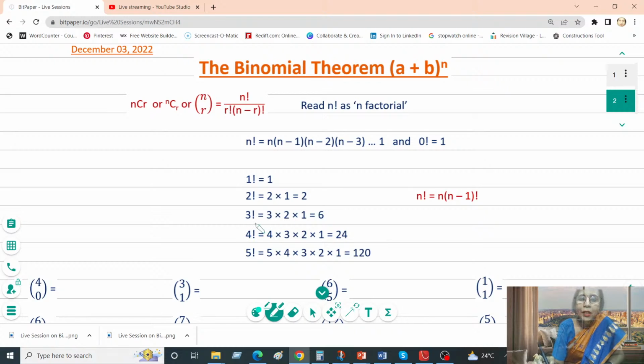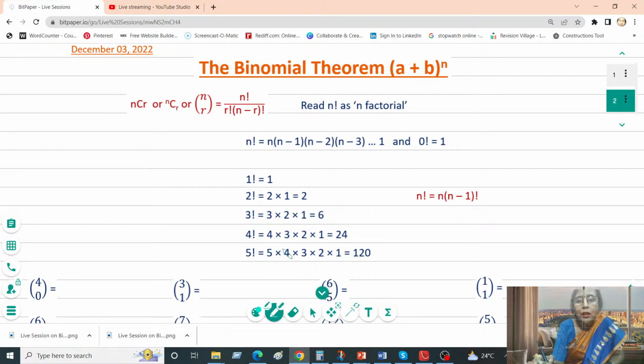What about 3 factorial? n is equal to 3, so we start with 3 times n minus 1, which is 2, n minus 2, which is 1, and we stop as soon as we reach 1 because this is the last factor. So it is 3 times 2 times 1, which is 6. 3 factorial is equal to 6.